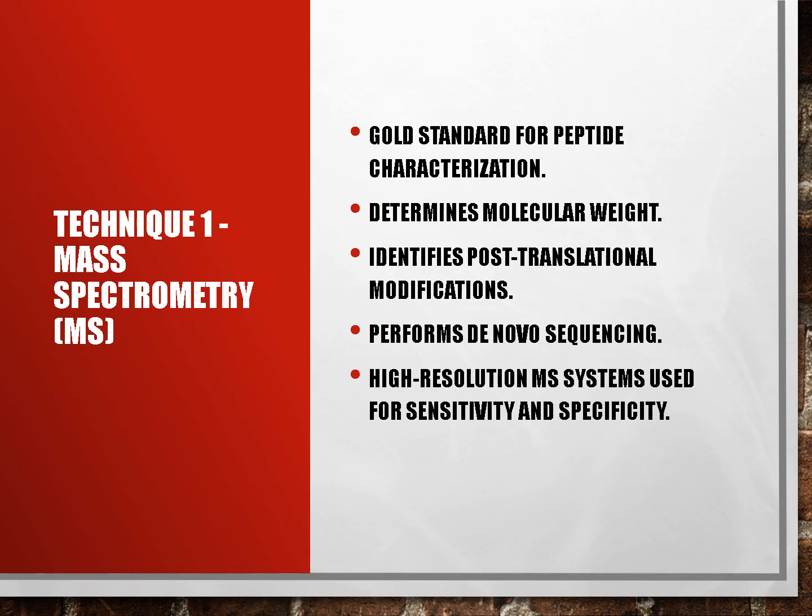At ResolveMass, we use high-resolution MS systems that provide unmatched sensitivity and specificity. This means even minute modifications or impurities can be detected, ensuring that nothing slips through the cracks.